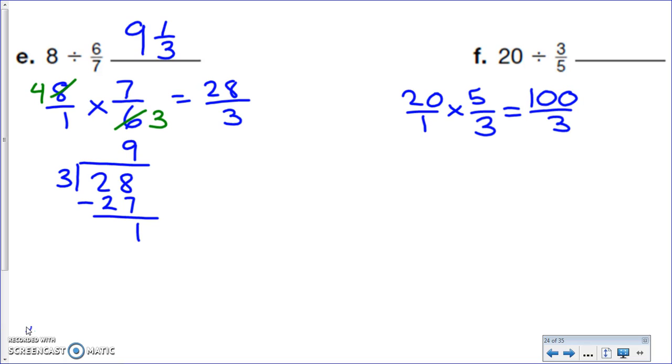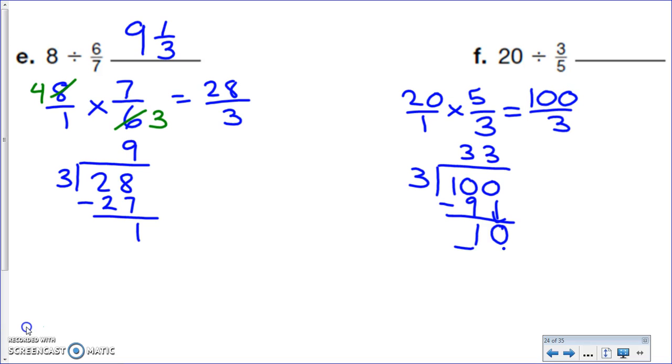So now we need to take our improper fraction and turn it into a mixed number by dividing. So it goes in 33 times, and we have a remainder of 1, so it becomes 33 and 1/3.